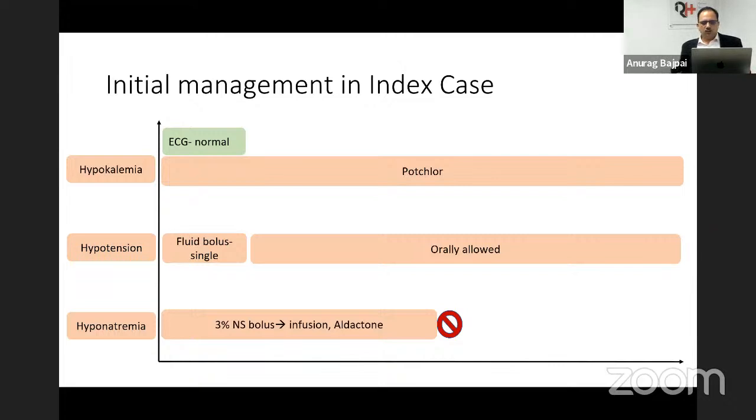Now, aldactone. What would aldactone do? Vibha, what will aldactone do? No, it antagonizes what? It is a mineralocorticoid receptor antagonist. So your glucocorticoid is already not there, and then you are also blocking the mineralocorticoid receptor. If you block your mineralocorticoid, you're going to cause hyperkalemia and you're going to worsen your hyponatremia.